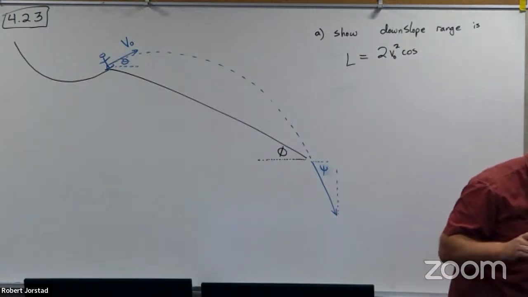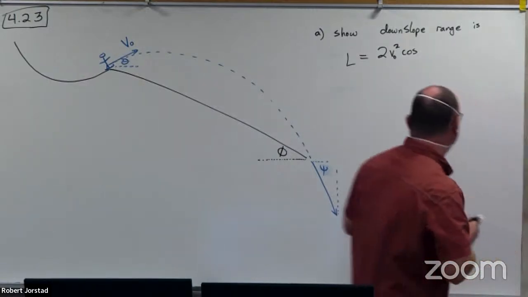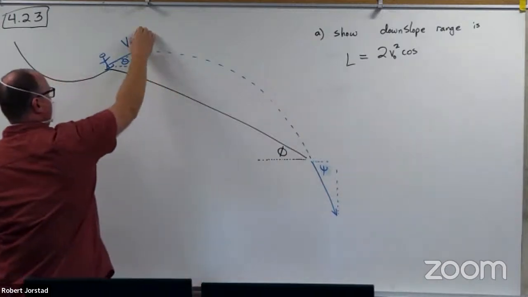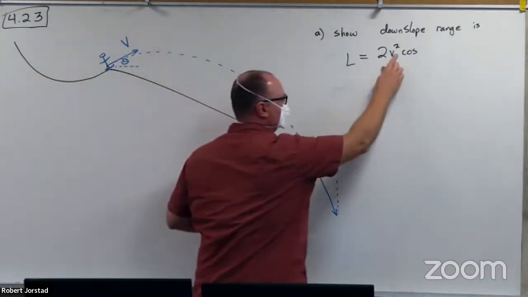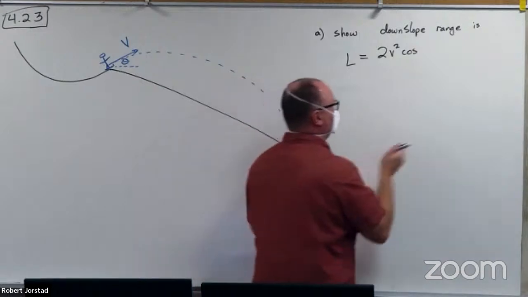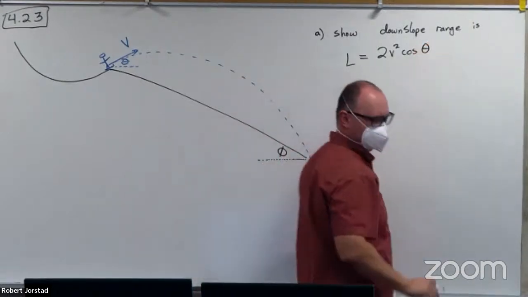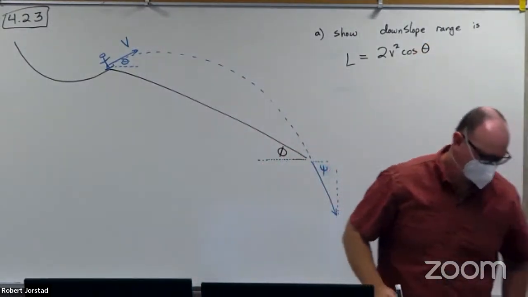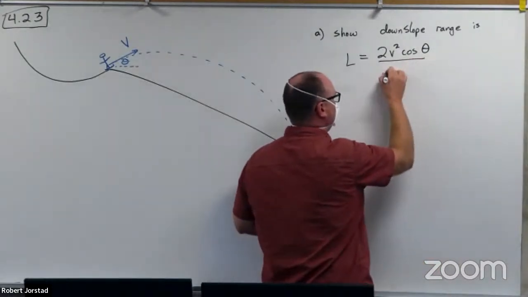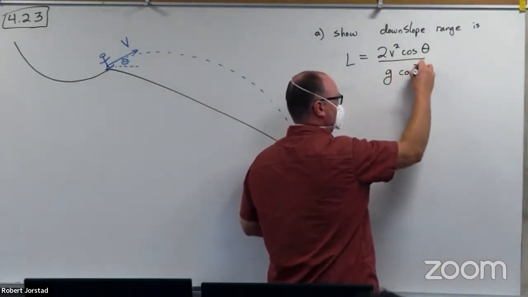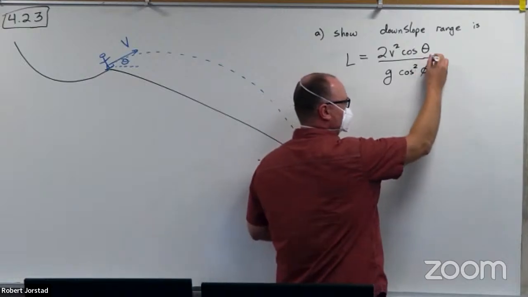With that downslope range should have a V0 on it. Oh, wait, the initial velocity was V, not V0. Is that what I called it? I apologize. Cosine squared of phi on the bottom.